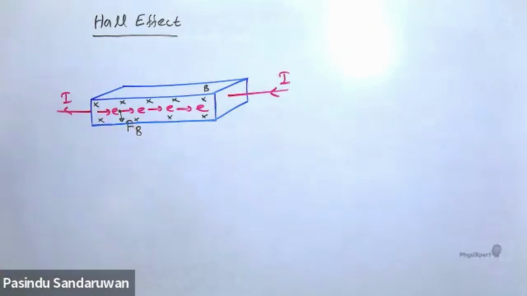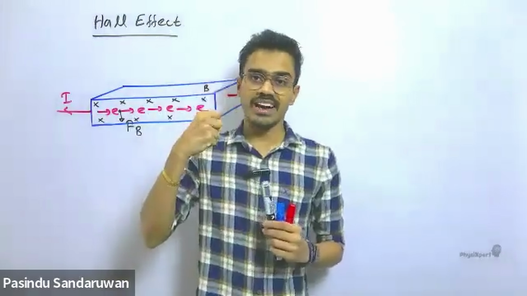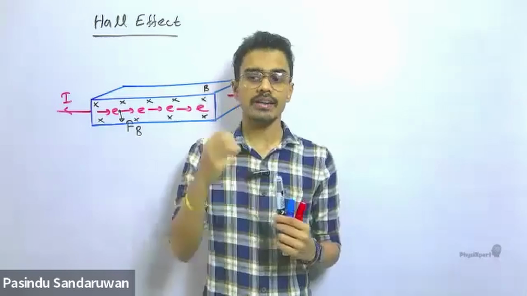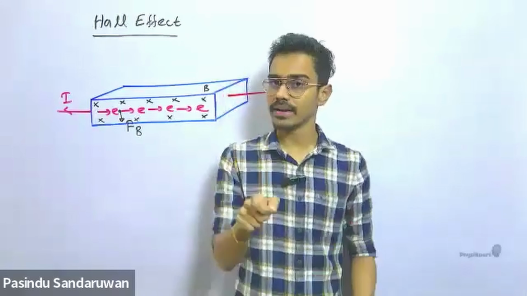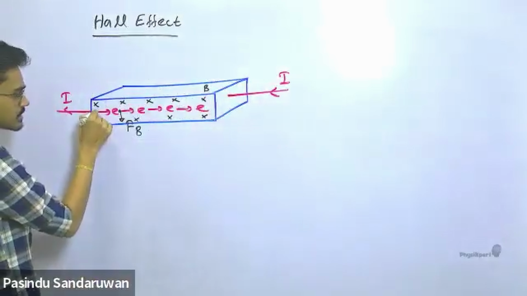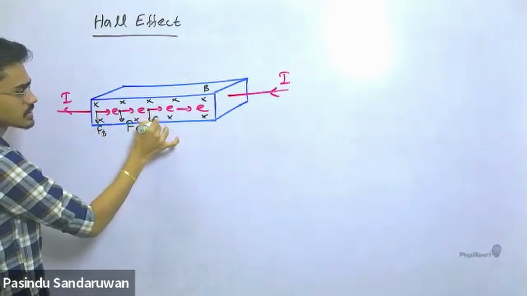Let's call the force due to the magnetic field Fb, acting downwards. Now there is a massive number of electrons passing through, and on each and every electron this force Fb acts downwards.